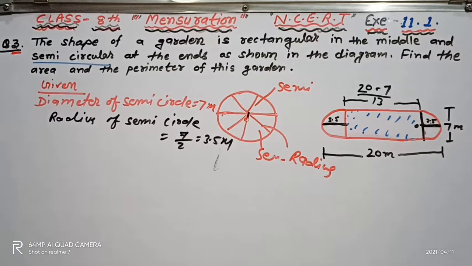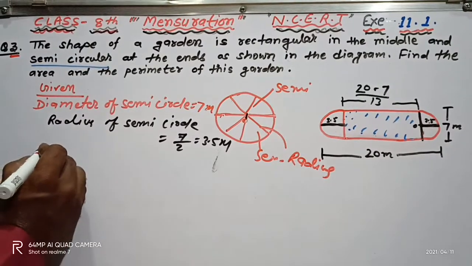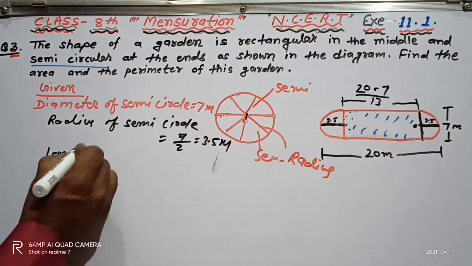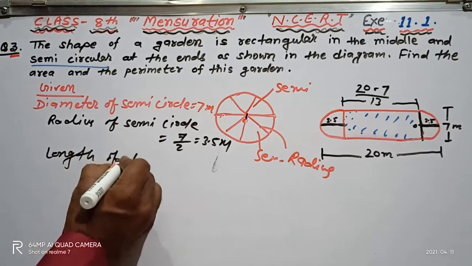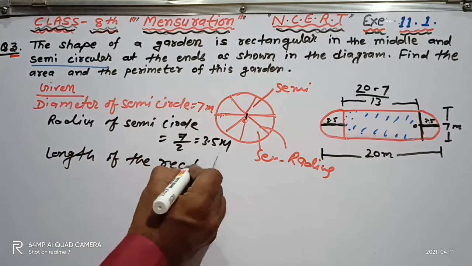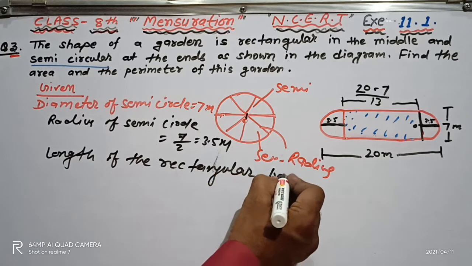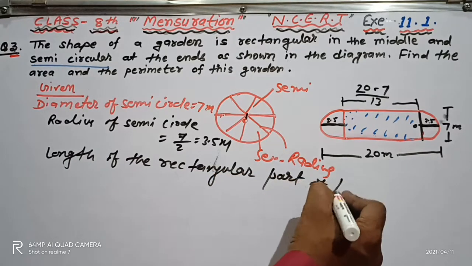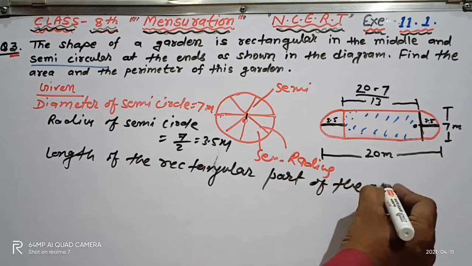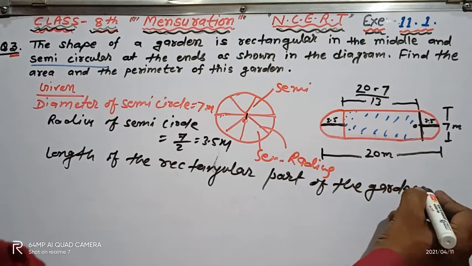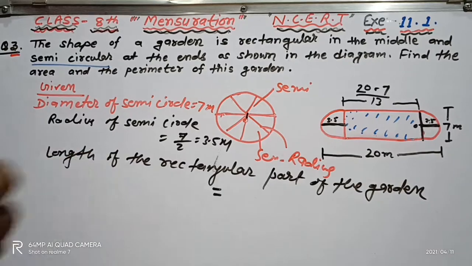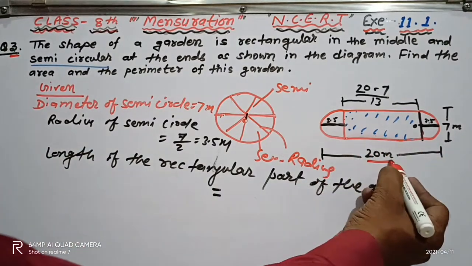Then you will find out the length of the rectangular part of the garden. The total length is given as 20 meter.